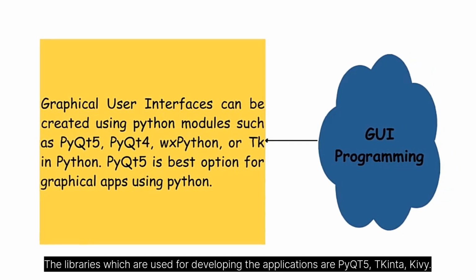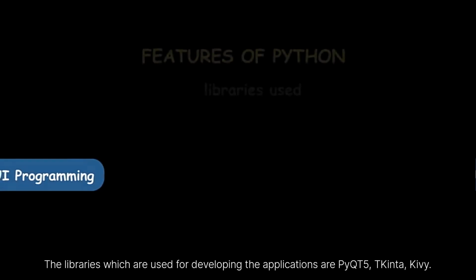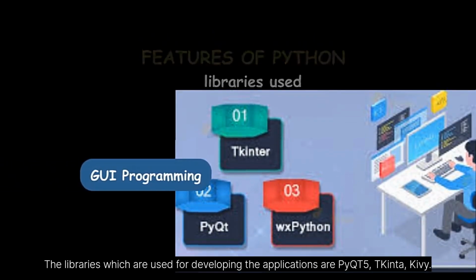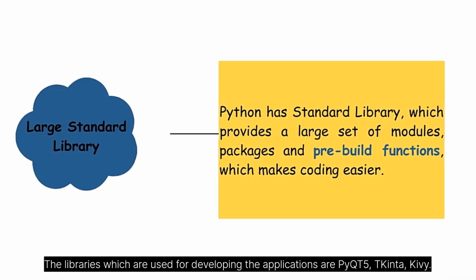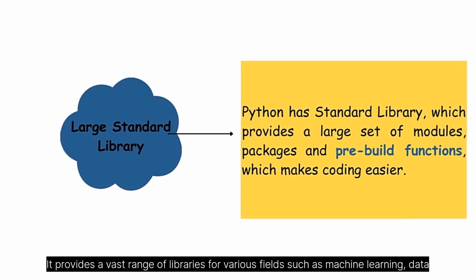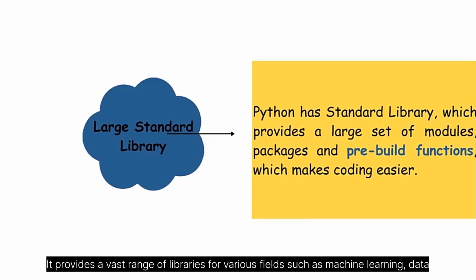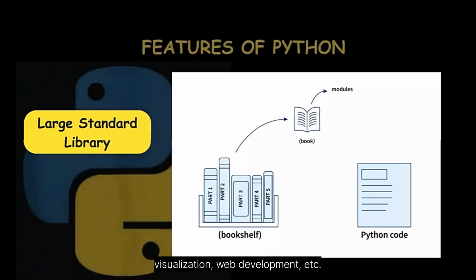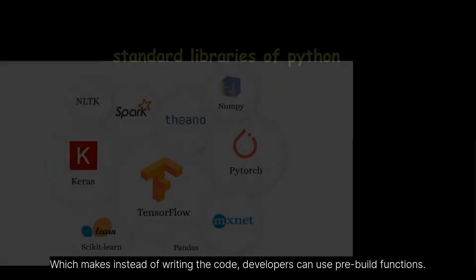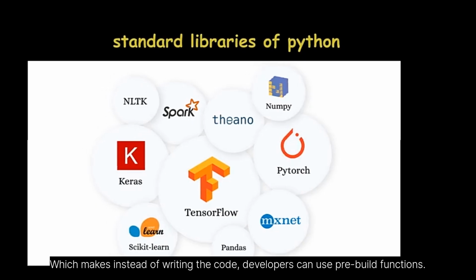The libraries used for developing these applications are PyQt5, tkinter, Kivy. Large Standard Library. It provides a vast range of libraries for various fields such as machine learning, data visualization, web development, etc., so instead of writing the code, developers can use pre-built functions.